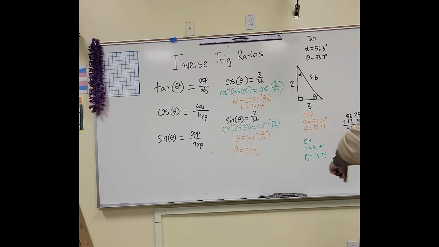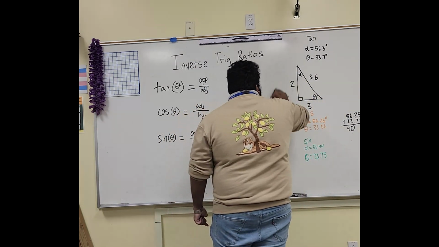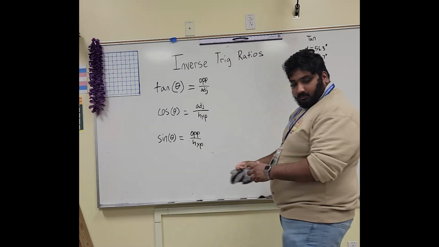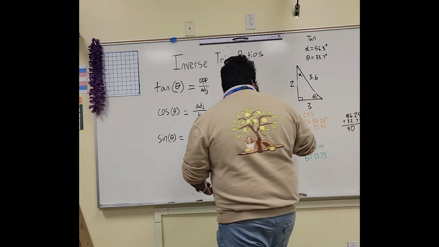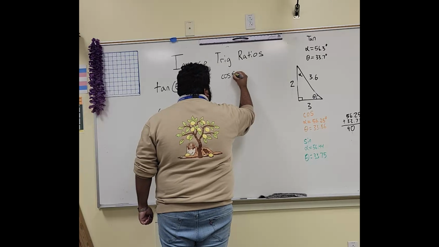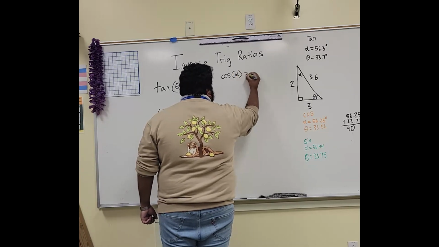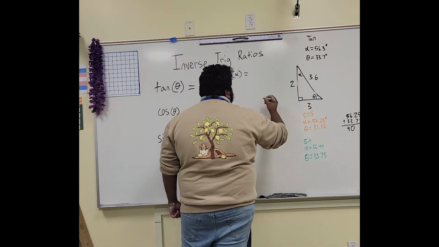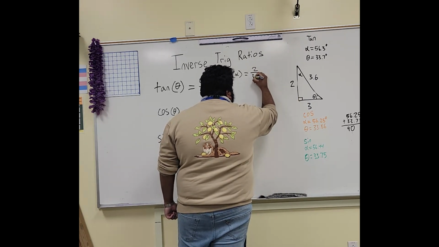Alright. So I'm going to erase this. Let's check this out. So we did cosine of alpha, right? We had the adjacent side, which is 2, over 3.6.